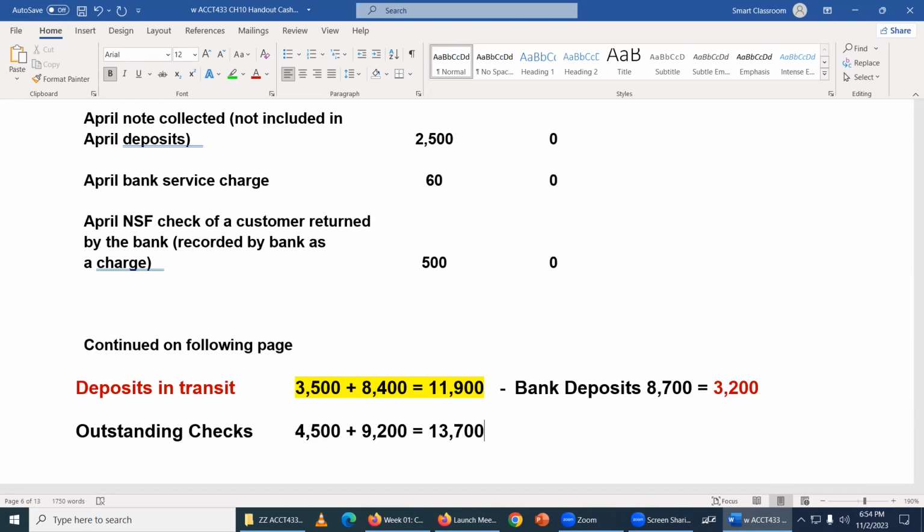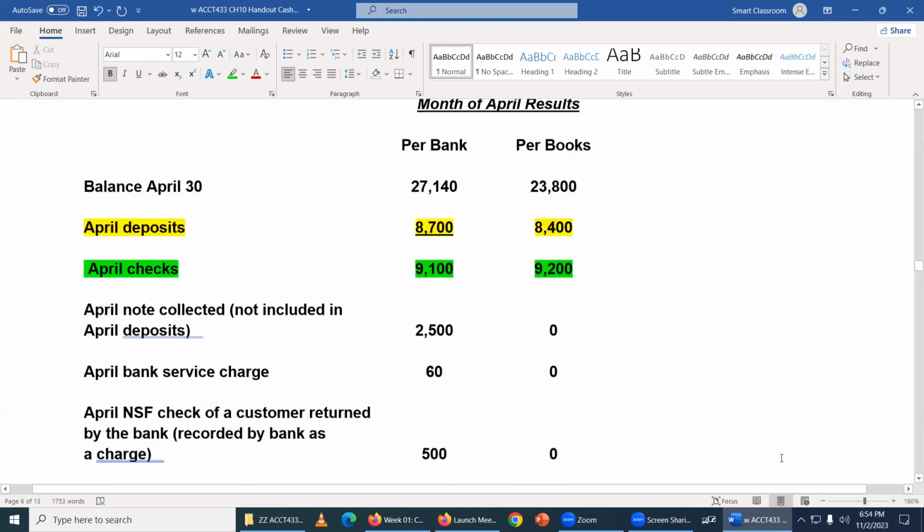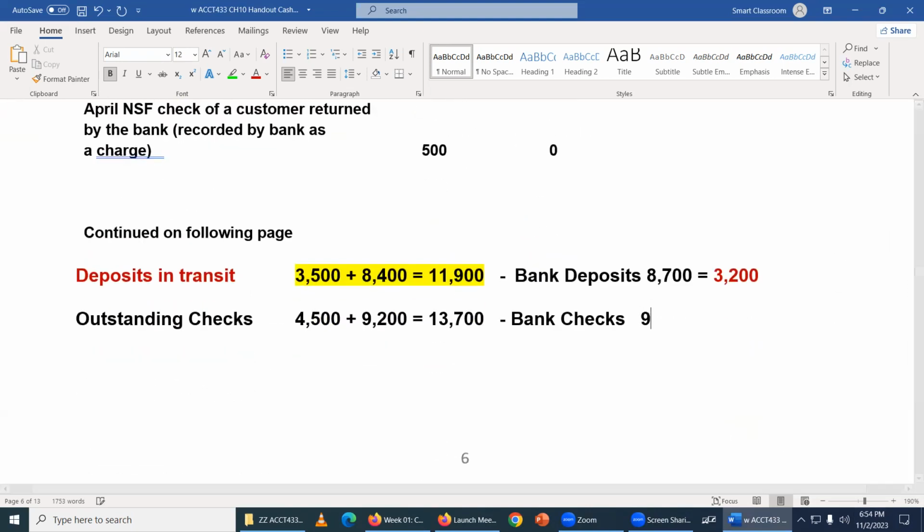And then we're going to subtract out those checks that the bank received. 9,100. So 13,700 minus 9,100.